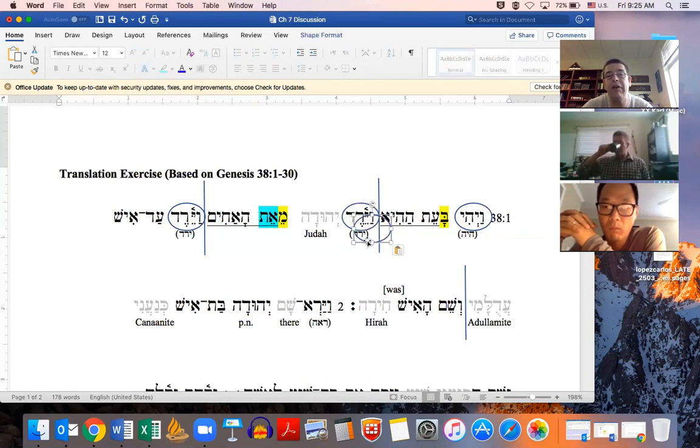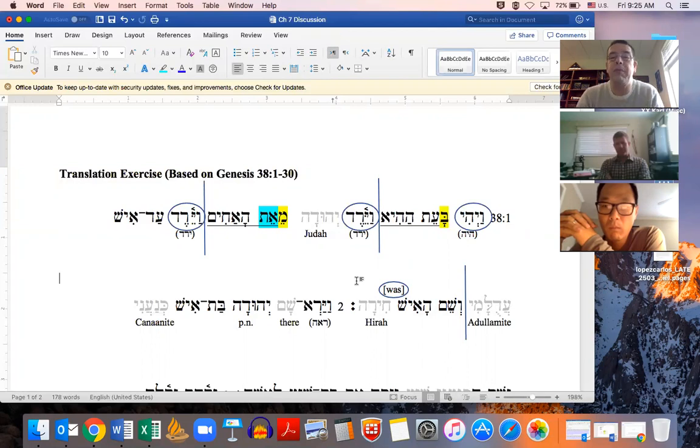If I have a verb, it has to be a new clause. So that's one of the nice things, I can confirm that I'm in a new unit, but I've got to make sure that I'm not just assuming that I have something in print to help me divide up the clauses. I have to be thinking in terms of concept units.